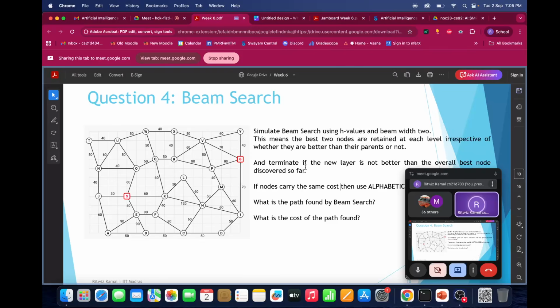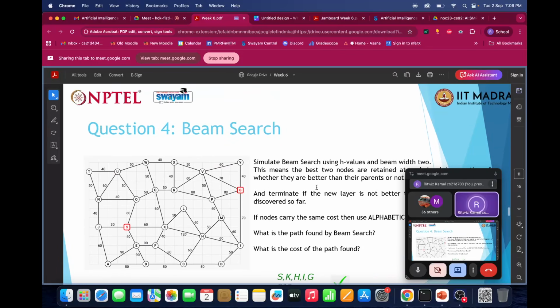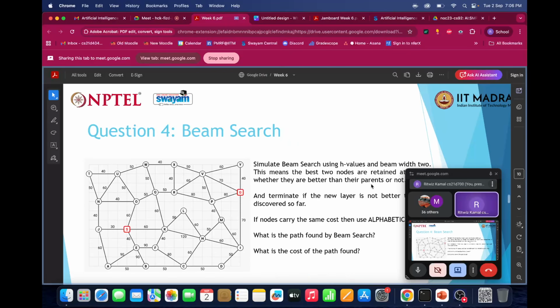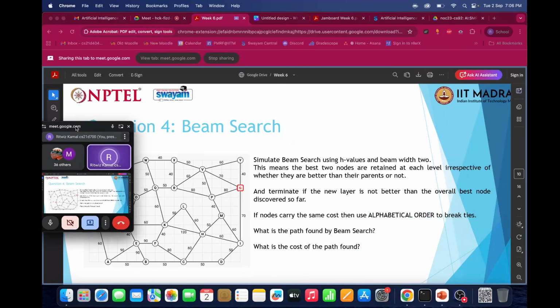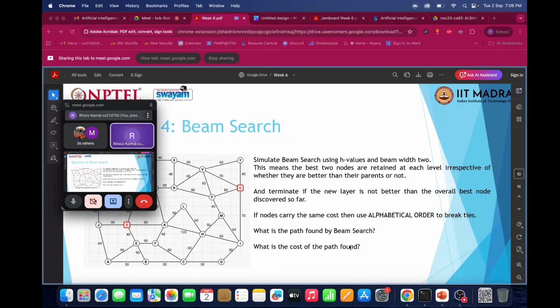We terminate the search if the new layer is not better than the overall best node discovered so far. If the nodes carry the same cost, then we use alphabetical order to break ties, and we have to report what is the path found by beam search and what is the cost of the path found.